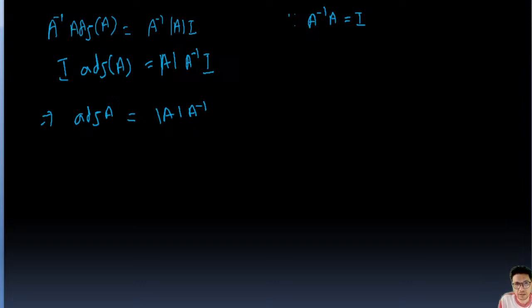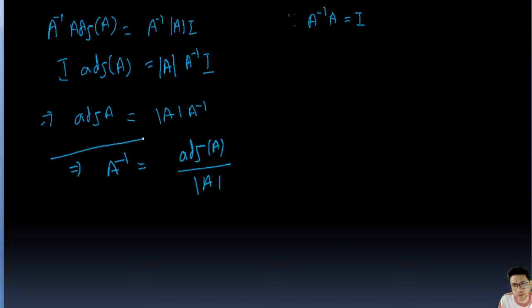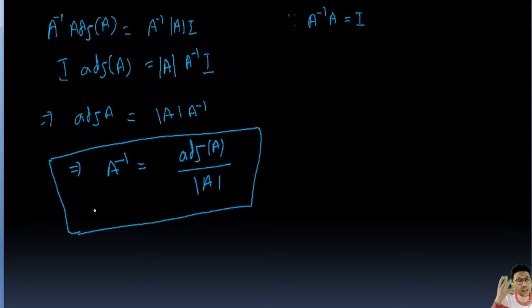The determinant of A we have taken to the left-hand side. Now from here we can easily find A inverse. Very important formula: A inverse is the adjoint of A upon the determinant of A.